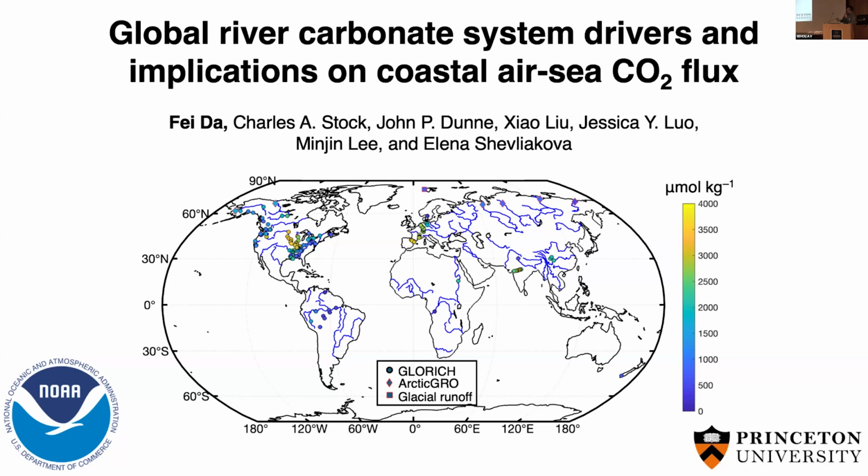We started by compiling the river chemistry data shown by the map here. We can see that there's a large spatial variability in river alkalinity. For each location in the river, there's a corresponding watershed region. River alkalinity is fundamentally driven by bedrock geology and also soil types, vegetation, all sorts of things.